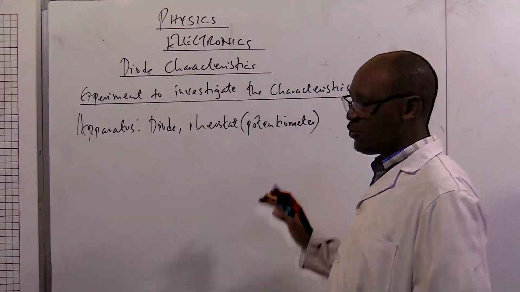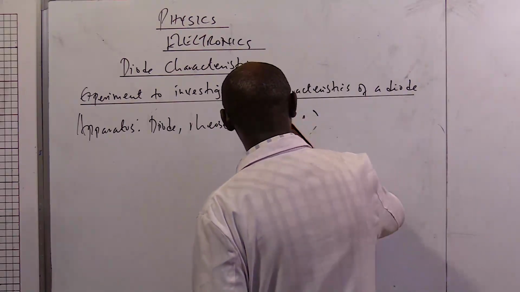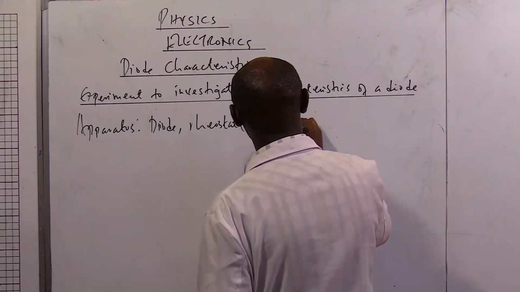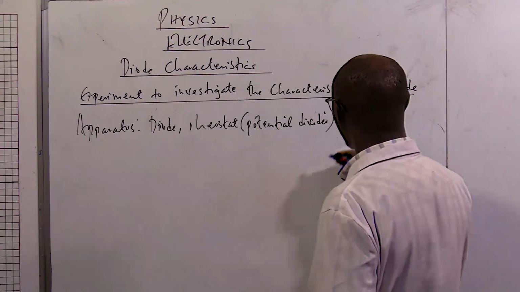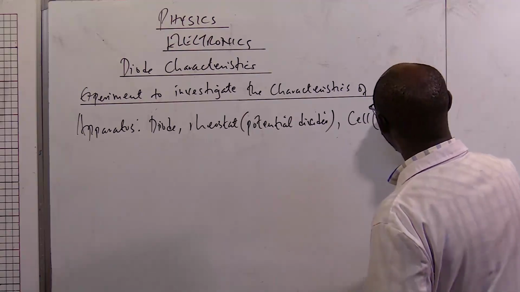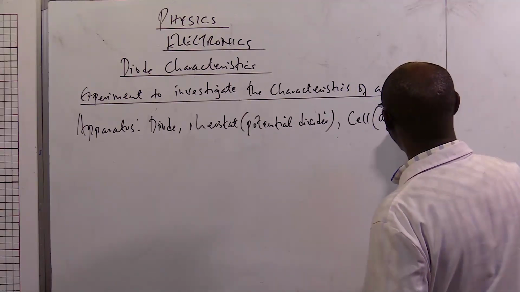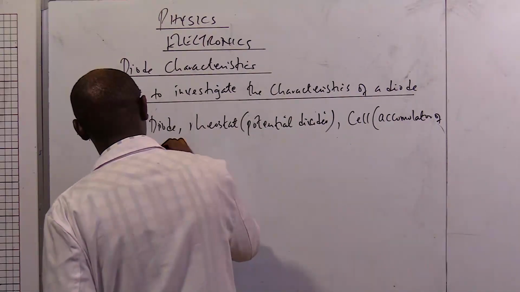This is what we refer to as a variable resistor, or you can use another common one, a potential divider. We also need a cell or an accumulator of 2 volts.